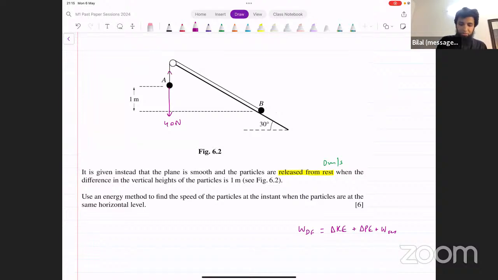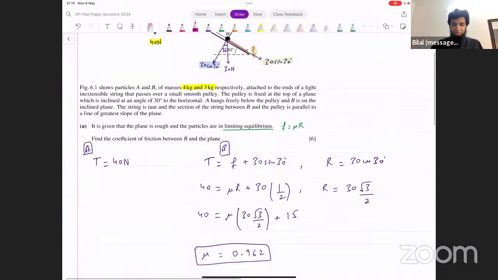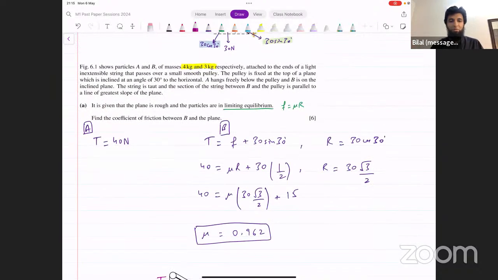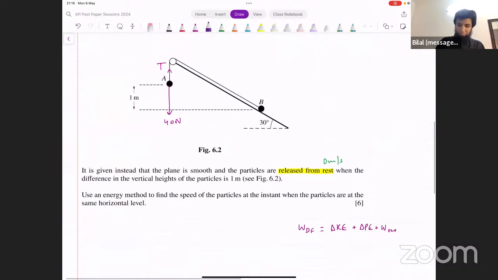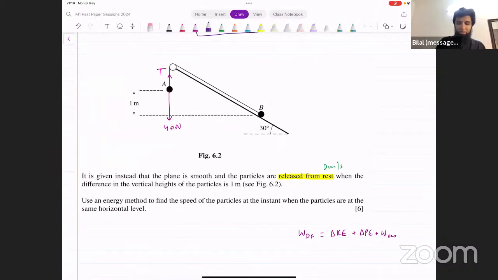Upwards, we've got tension. Now, we don't know what the value of tension is. You cannot use the value of tension from the first part. That was the case when the objects were in equilibrium. They are not in equilibrium, so the tension value is not 40 anymore.